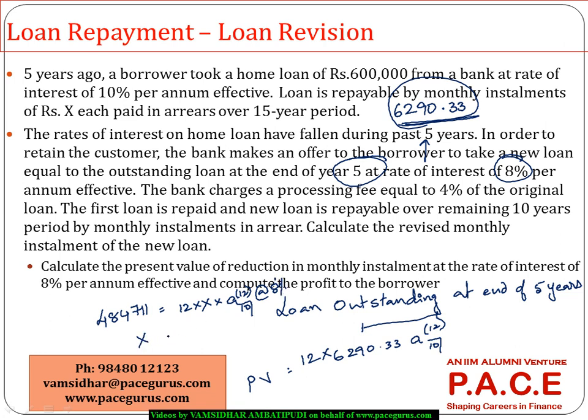So based on this I will get my x as 484,711 divided by 12 into a10 on a monthly payment basis. But this is at the rate of 8% now.